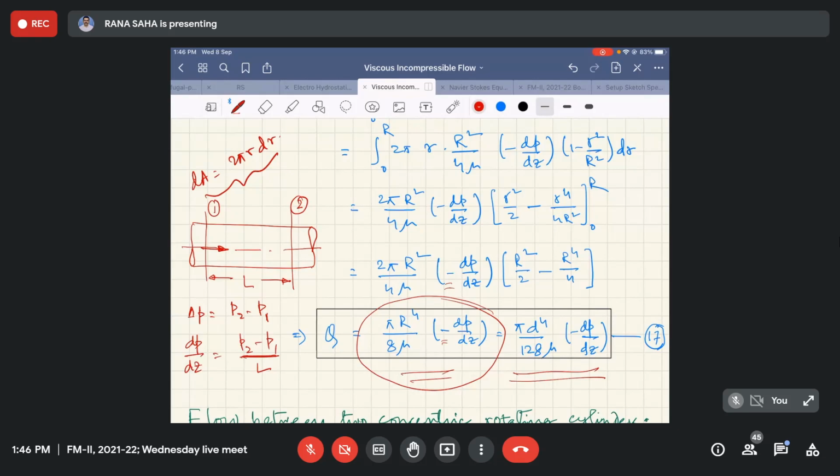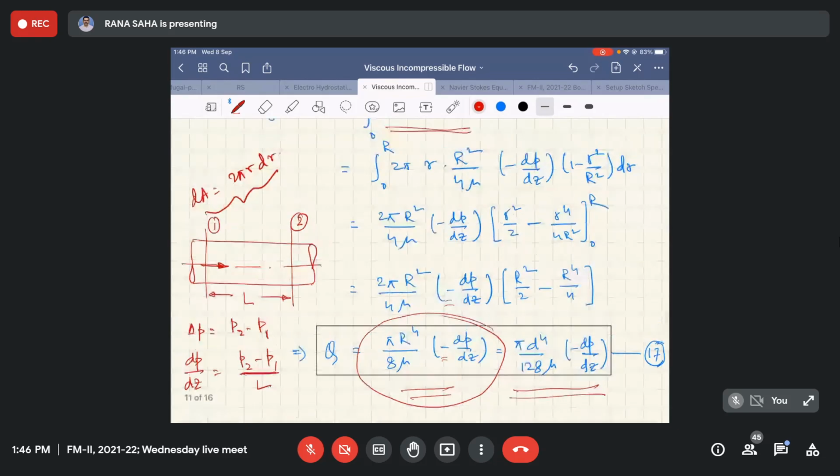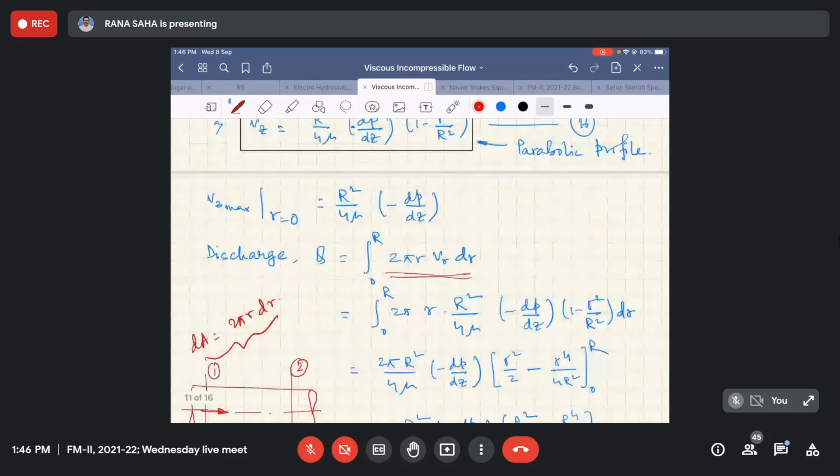Not exactly, not exactly. Say, for example, if I write Darcy's equation, HF equals F L by D, V square by 2G. This HF, what is this HF? HF is the head loss. I mean, HF between the two points, the two sections we have considered.